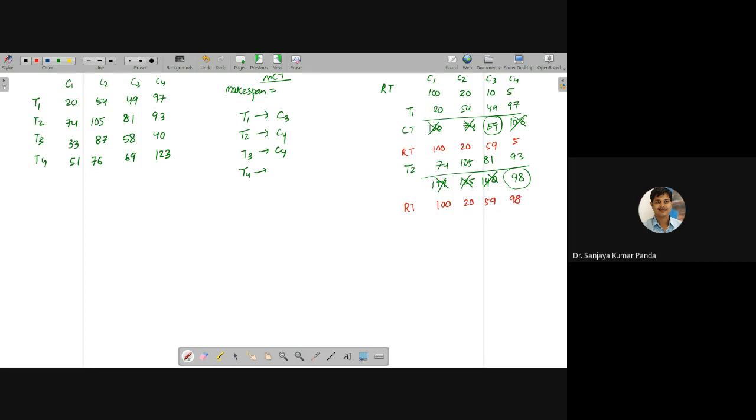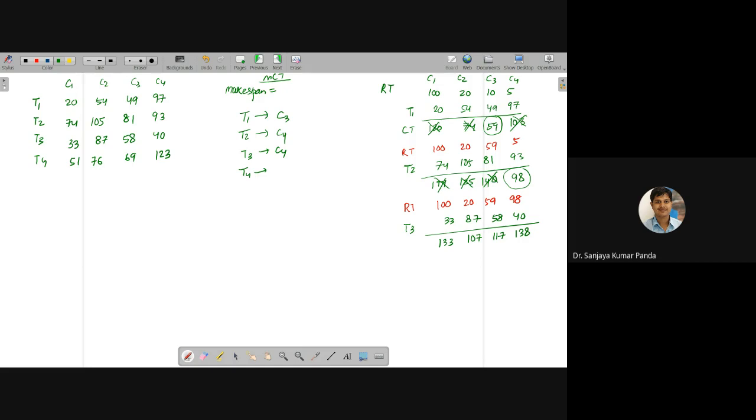Then you take T3. T3 is 33, 87, 58, and 40. If you sum it, it is 133, 107, 117, and 138.